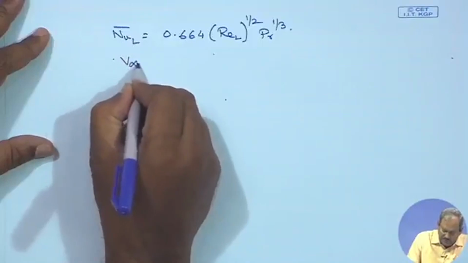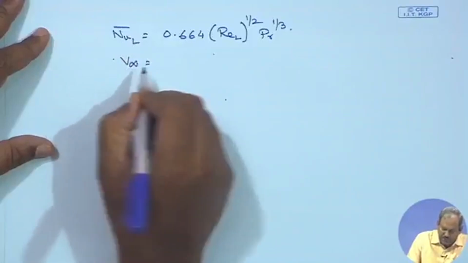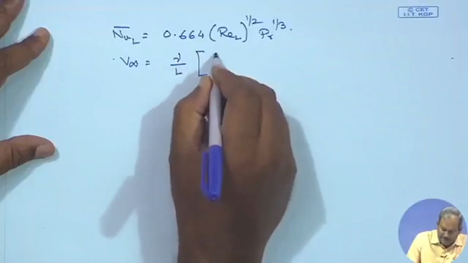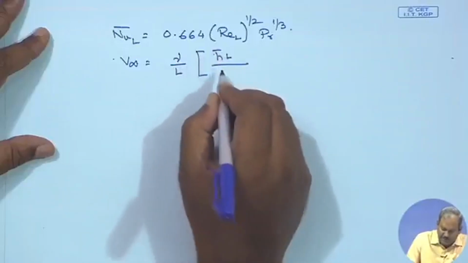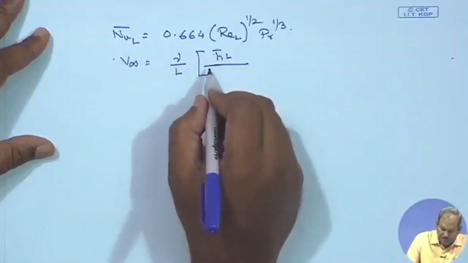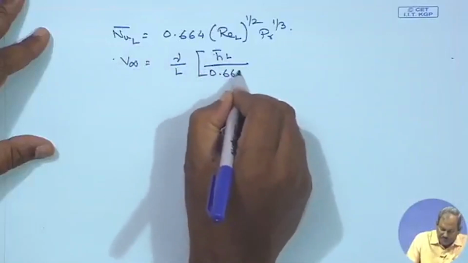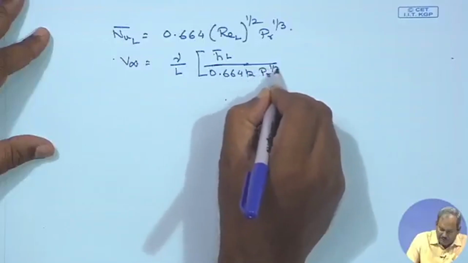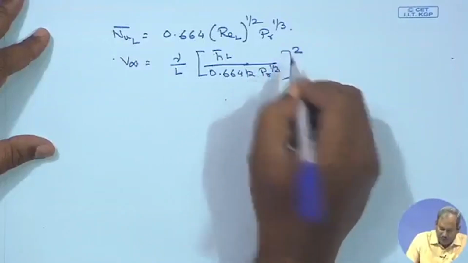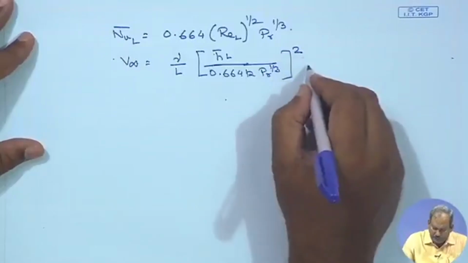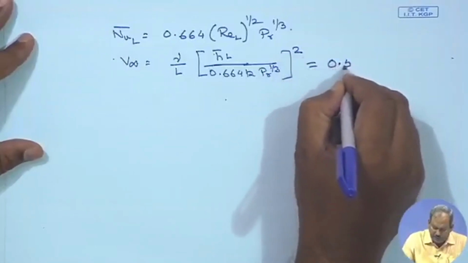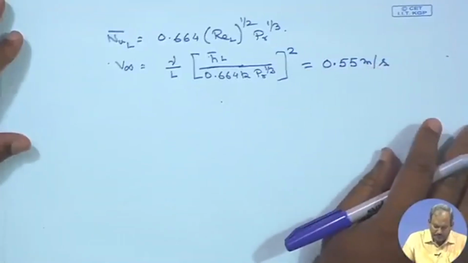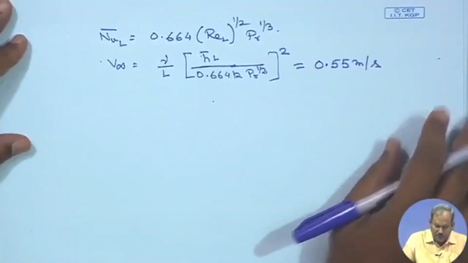So, the velocity of air flowing over the surface would be nu by L times (h bar L by 0.664 k times Prandtl to the power 1/3) to the power 2, which would turn out to be 0.55 meter per second.